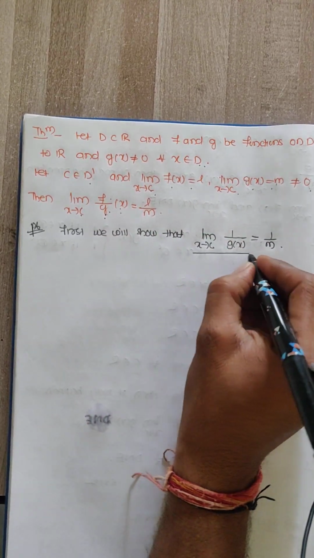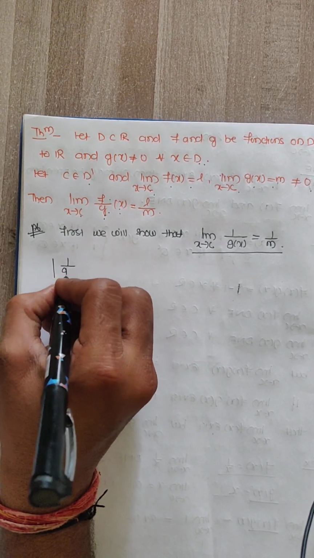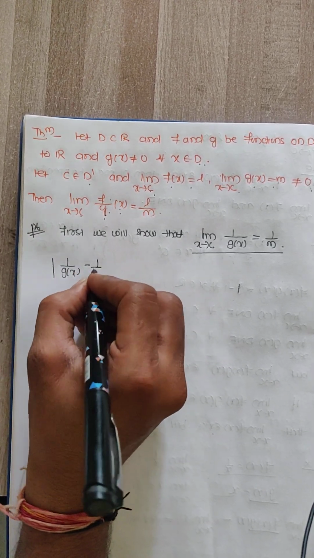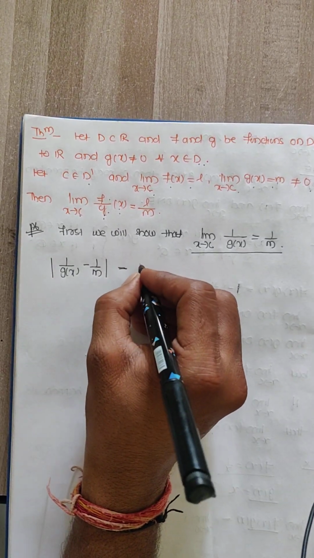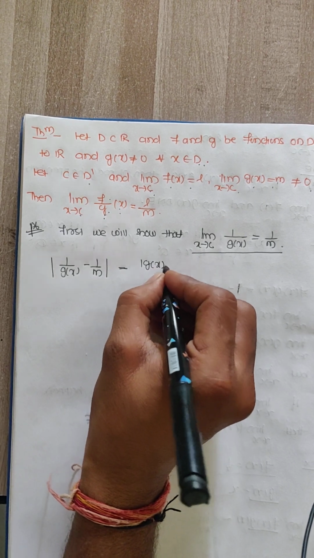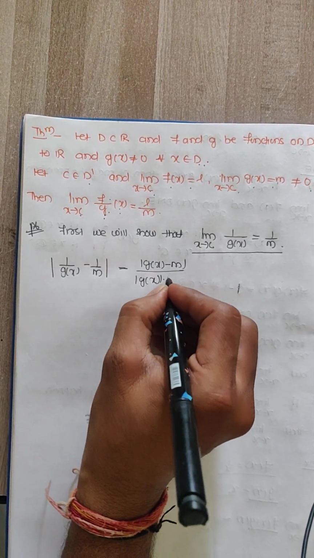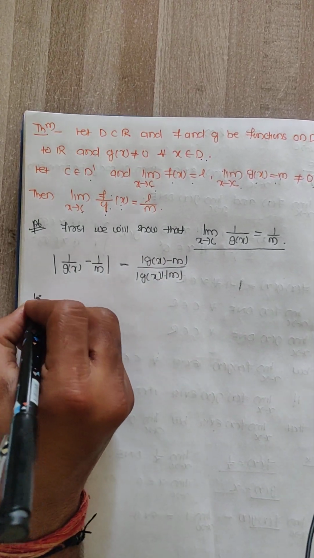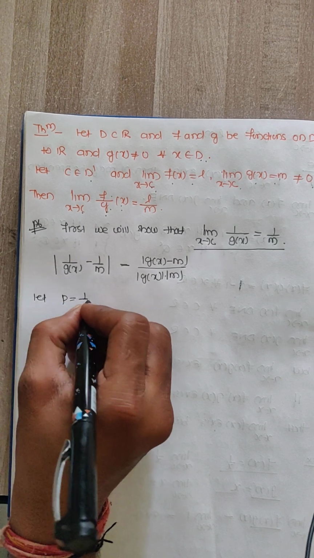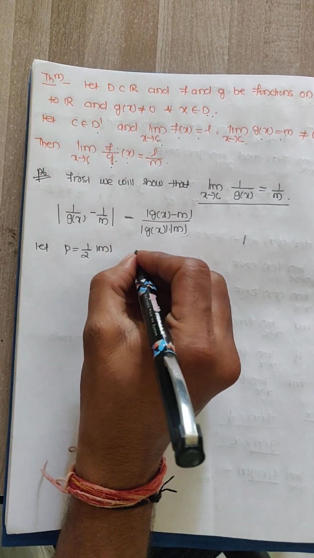So first we will show this one. Let epsilon be given, then |1 by g(x) minus 1 by m| is less than epsilon. This is nothing but |g(x) minus m| by |g(x)| into |m|. Okay, let us choose p to be a number, 1 by 2 times |m|, and here p is positive.